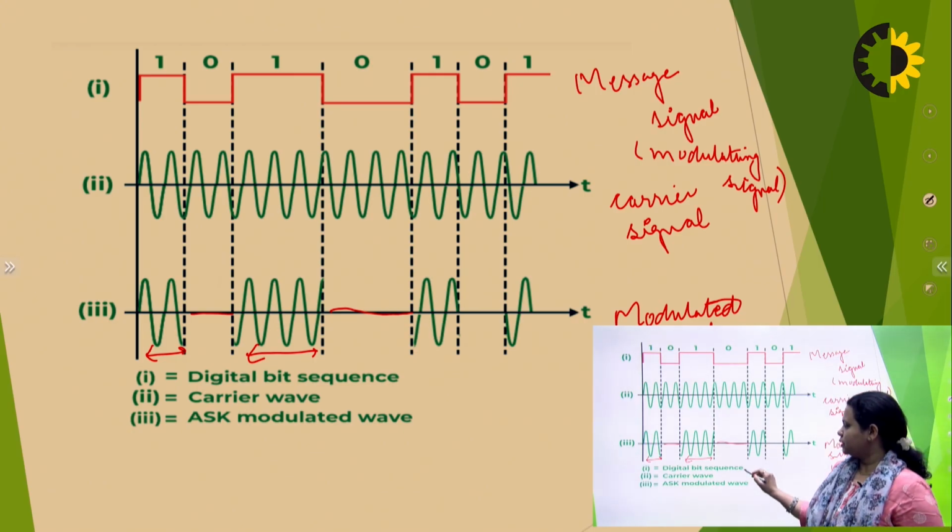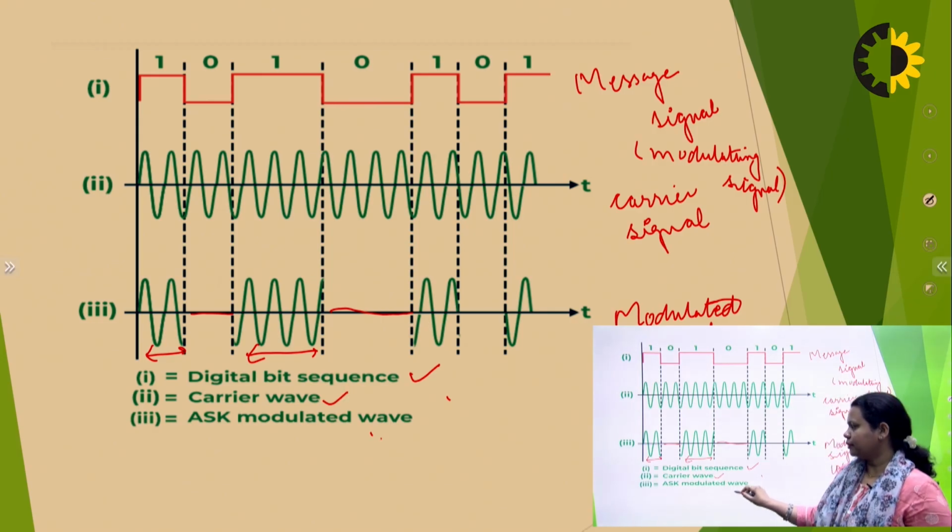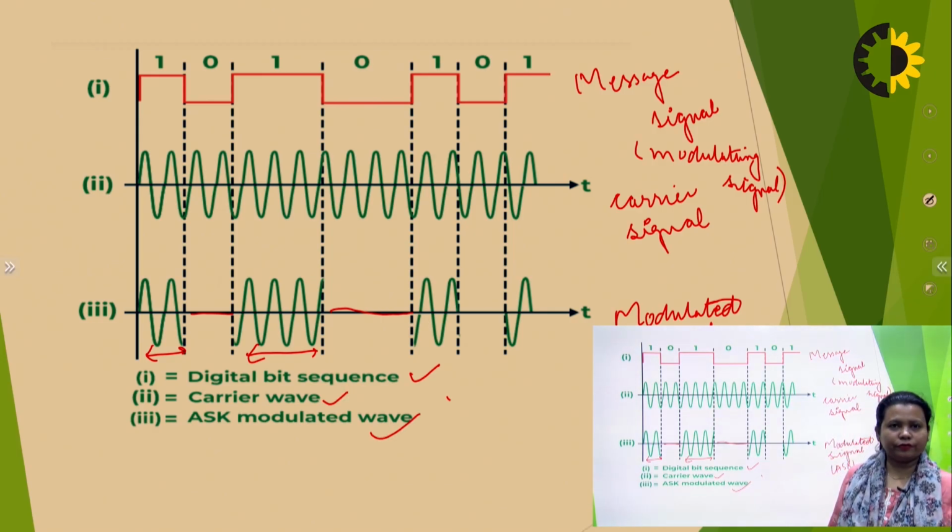So this is the digital bit sequence, the second one is the carrier, and the third one is the ASK modulated wave. I think these waveforms are clear to you, and they are very, very important. If your waveforms are wrong, your complete question, complete description, complete answer will go wrong, right? So the waveform should be clear to you.